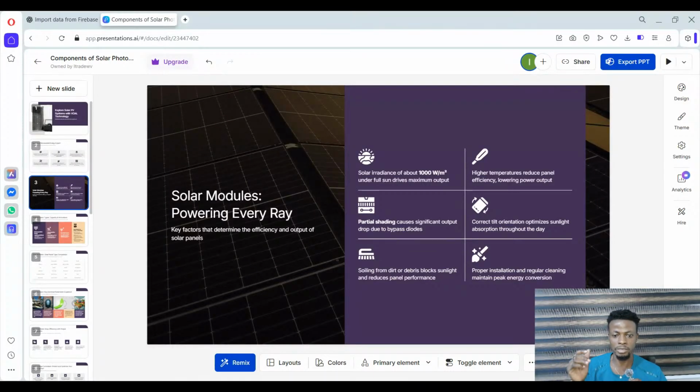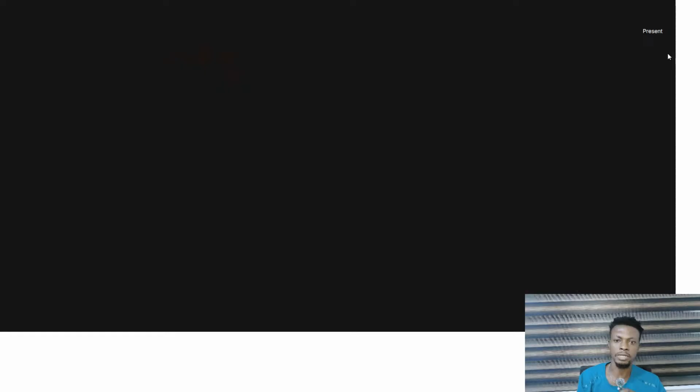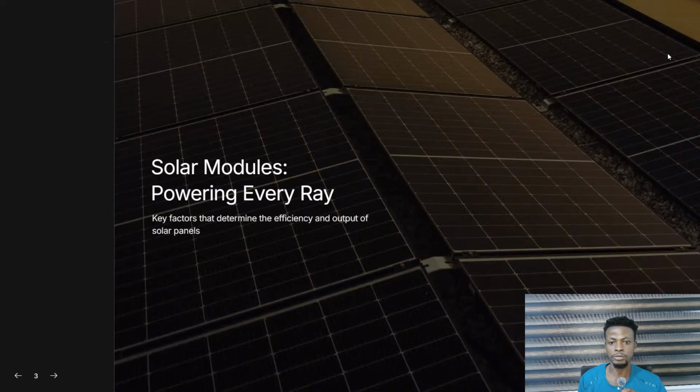You have to consistently check that dust is not covering the solar panel and reducing the efficiency. So you have to always clean it sometimes if you have to. Okay. So you also have to do a proper installation and consistent maintenance. If you have to clean it, all right. If it's in a place where you cannot reach, you have to get an expert that will do that for you.